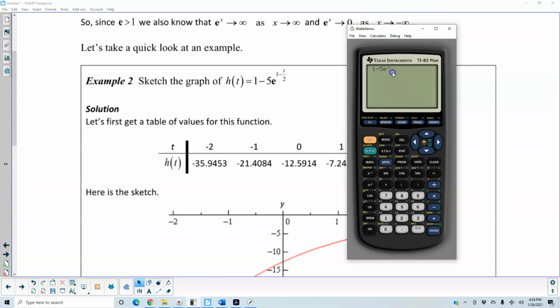Then we're going to raise that e to a power, which is going to be 1 minus negative 2 over 2. So if you want, we can write negative 2 divided by 2 in parentheses, and then close it again, and then hit enter, and we get negative 35.9453. You just have to be careful and make sure that you're using the correct parentheses when you're plugging in this information. So it's really important to make sure you know how to do that.